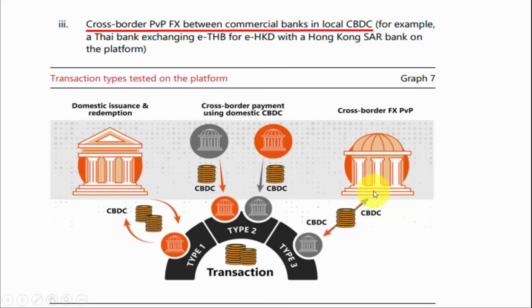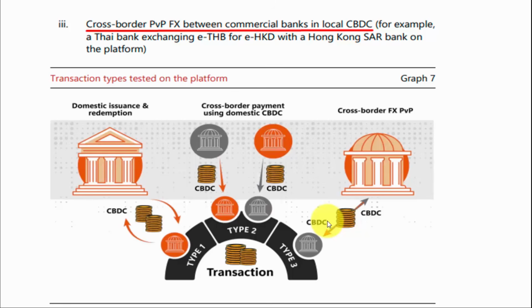That can be done instantaneously via payment versus payment, and that's a type 3 transaction without there being an intermediary in the middle, like for example a bridging asset. There was no bridging asset, so basically it was a CBDC versus a CBDC swap without there being any asset in the middle.